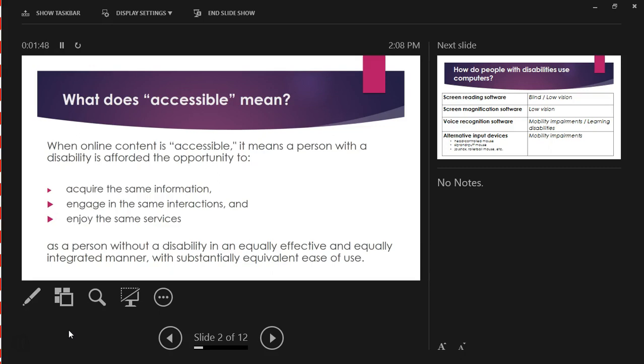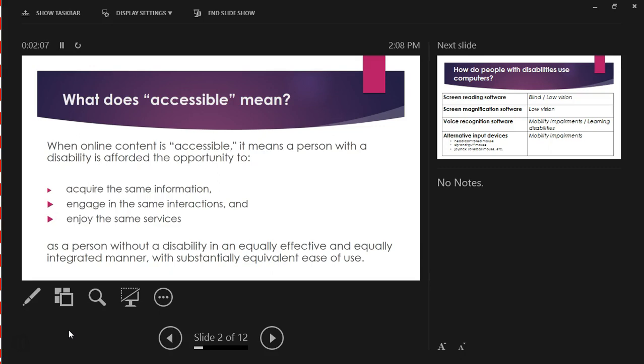This is a wide-ranging category, but they should be able to do all of these things the same way a person without a disability would, in an equally effective and equally integrated manner with substantially equivalent ease of use. So that's a pretty lengthy definition.